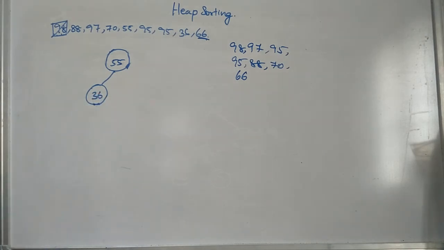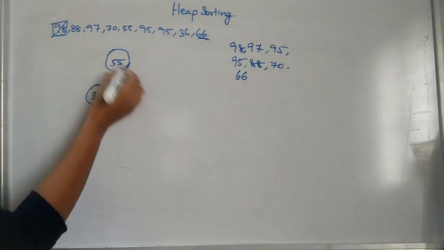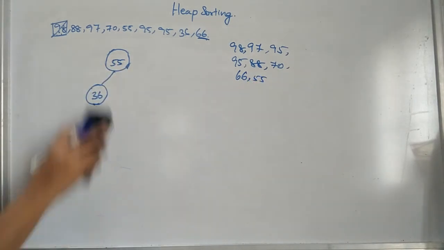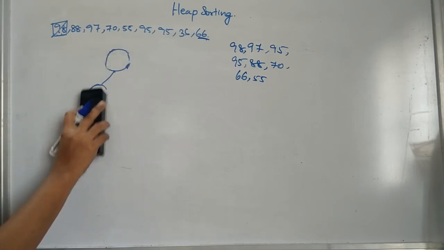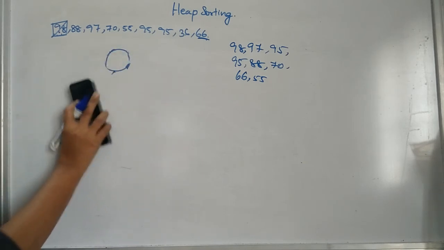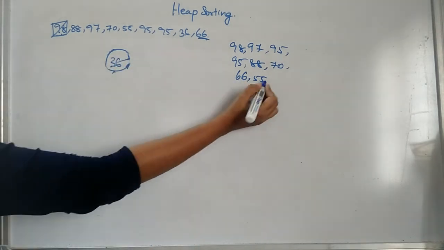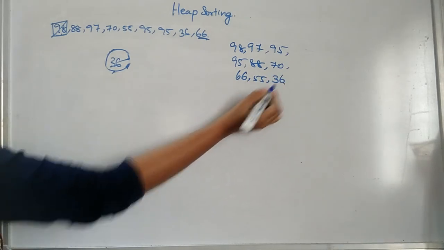Then I'm going to remove the node 55, which will be replaced by its last node, 36. There is no other node, so simply we can write it here.